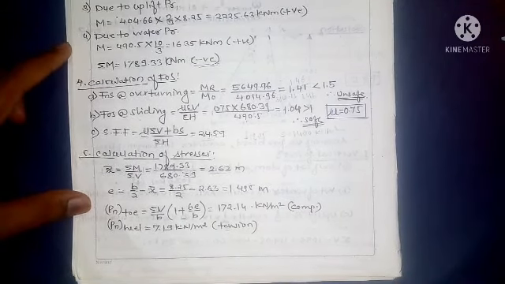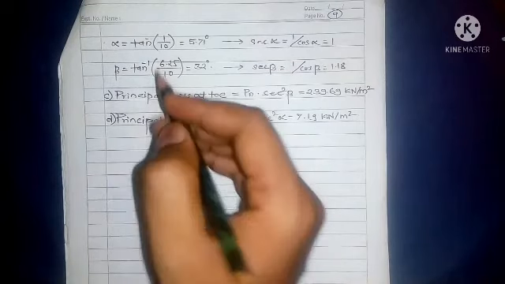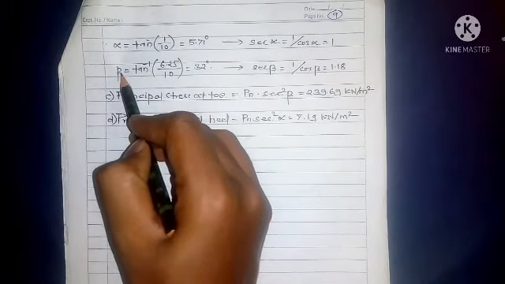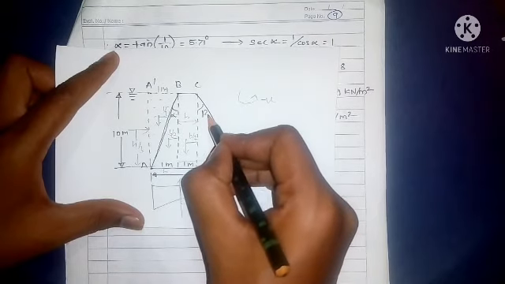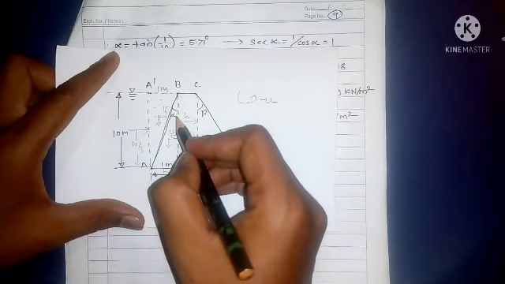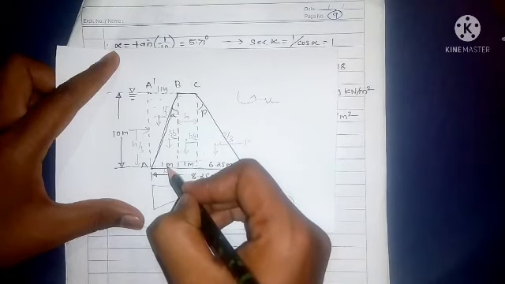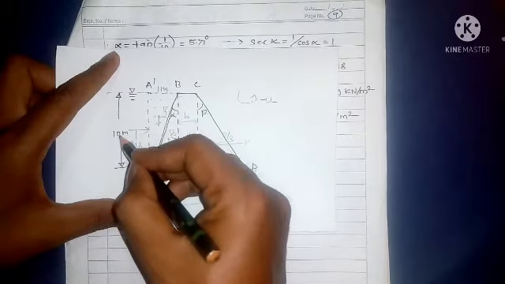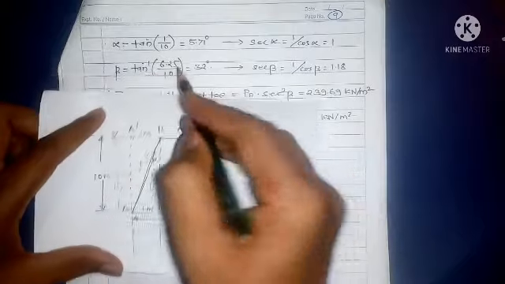So next, find alpha and beta values. So in the diagram we consider here alpha and beta, so use the tan formula, that is tan is equal to opposite upon adjacent. So for alpha opposite 1, adjacent 10, and for beta opposite 6.25, adjacent 10.